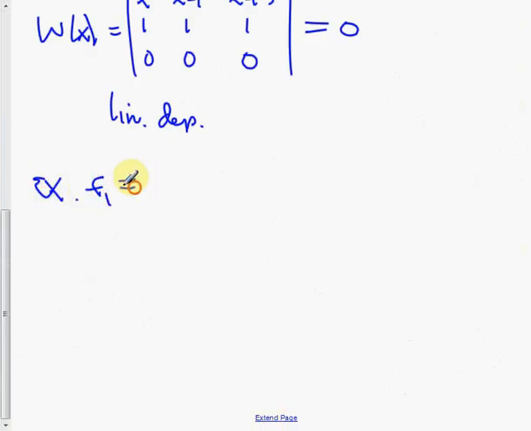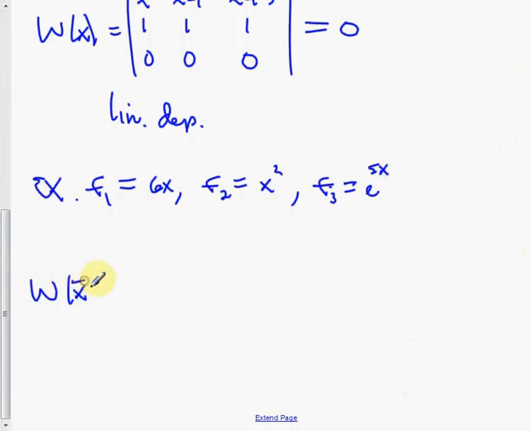Let me give you this example. If we have the first function, let's say, is equal to 6x, f sub 2 is equal to x squared, f sub 3 is equal to e to the 5x. So you're looking for the Wronskian for these functions.